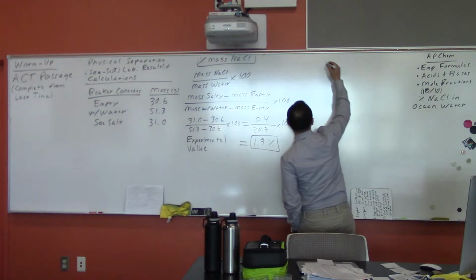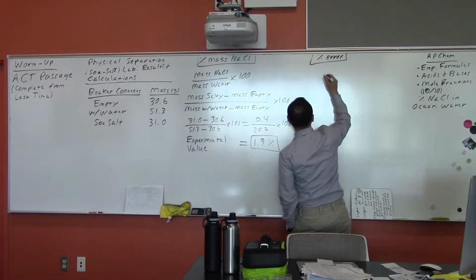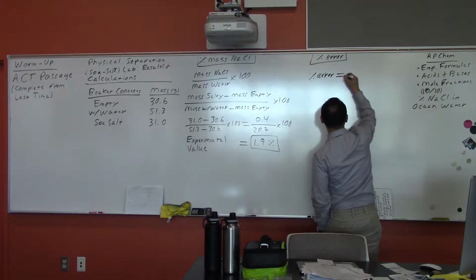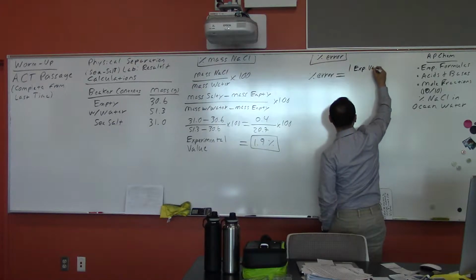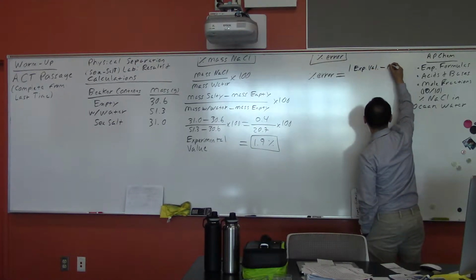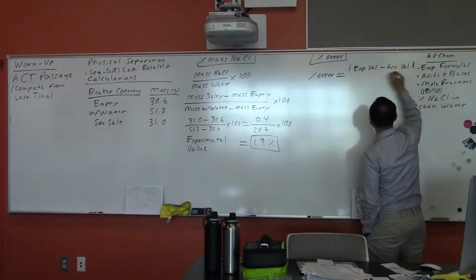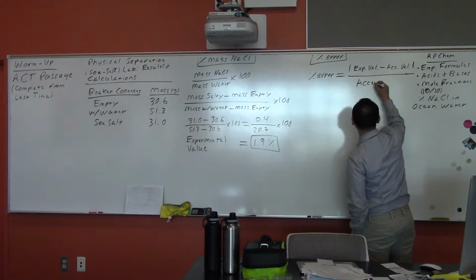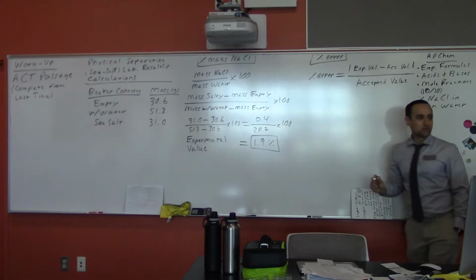So percent error. Okay. So percent error equals the absolute value of experimental value minus accepted value, all over accepted value.